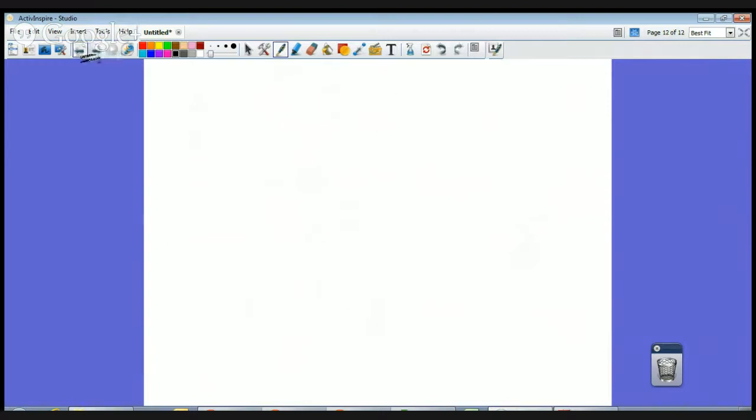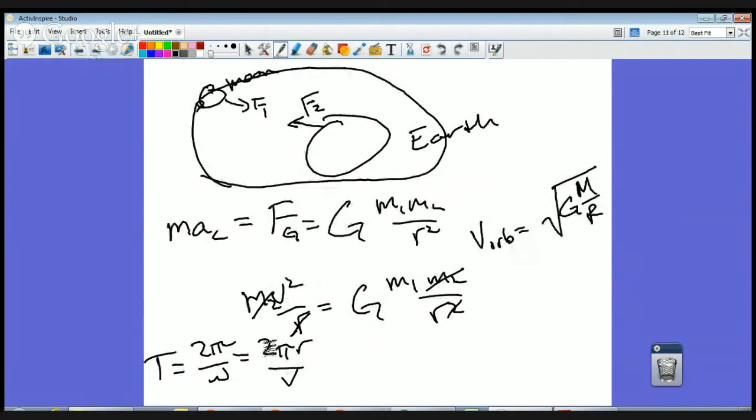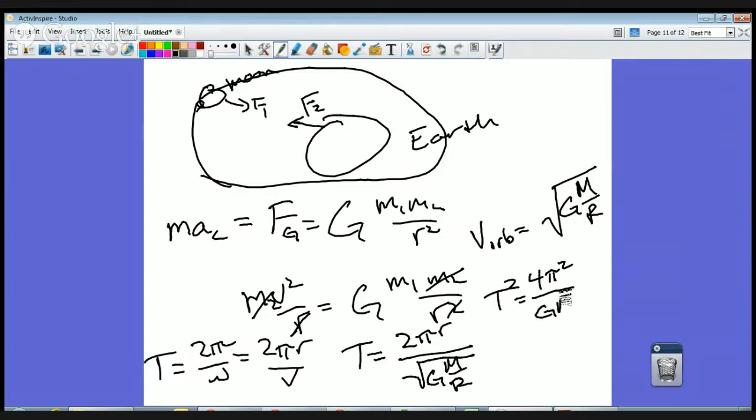Okay, so you know that is your period. So the period is 2 pi r over the square root of GM over r. So if you square both sides, you get that T squared is equal to 4 pi squared over GM times r.